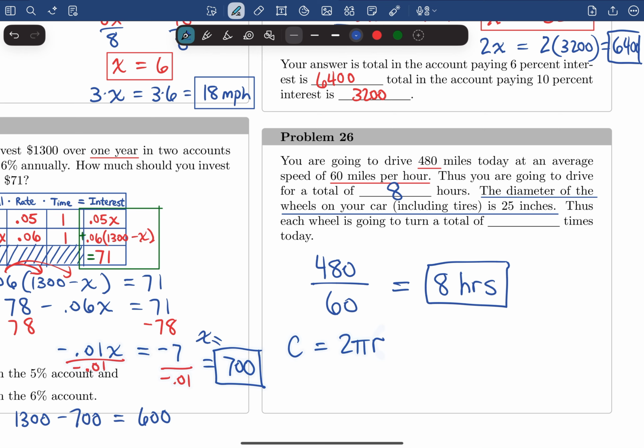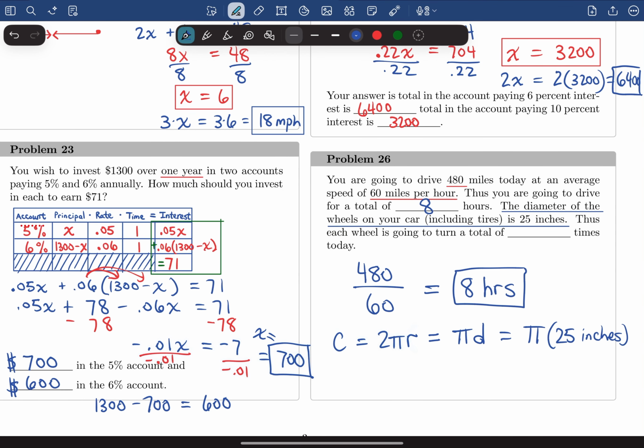Circumference equals 2 times pi times the radius, but 2 times the radius is the diameter, so oftentimes this formula is written pi times the diameter. Okay, so we're going to take pi and multiply it by the 25 inches, right? That'll tell us the circumference of the wheel. Okay, so we'll just keep it as 25 pi. Pi times 25 inches, the 25 pi.